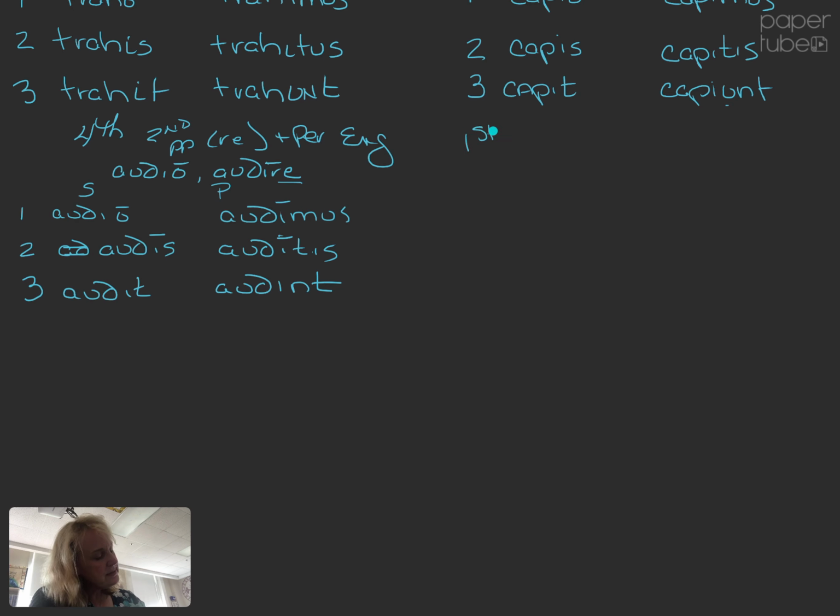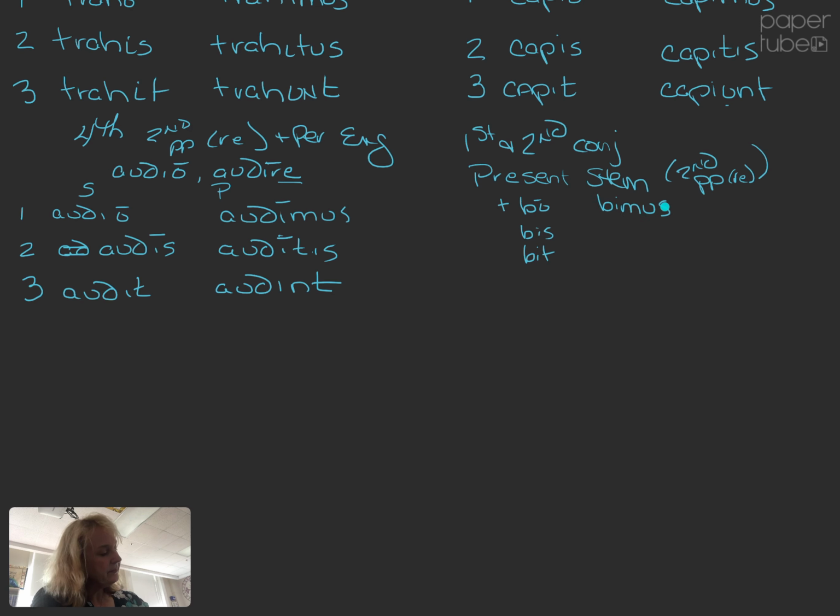So first and second conjugation use the present stem, which is that second principal part minus the RE, plus bo, bis, bit, bimus, bitis, bunt. And so this is future, first and second conjugation.